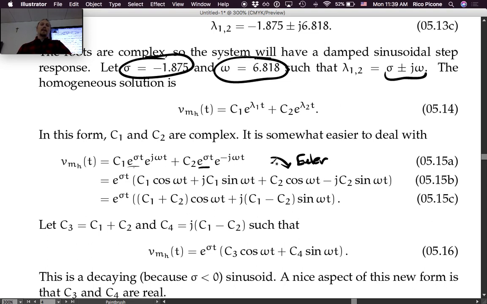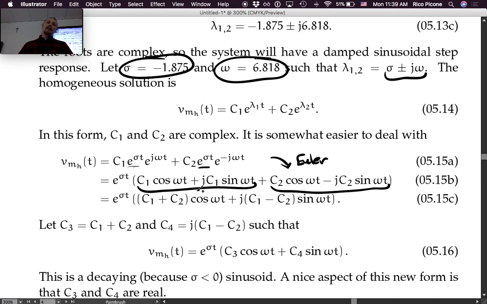We apply it, and we get this. This is all from the first term, and this is all from the second term. It's kind of getting a little ugly, but we're going to combine the cosine and sine terms here, and we get this expression. Okay? So a little bit better looking.